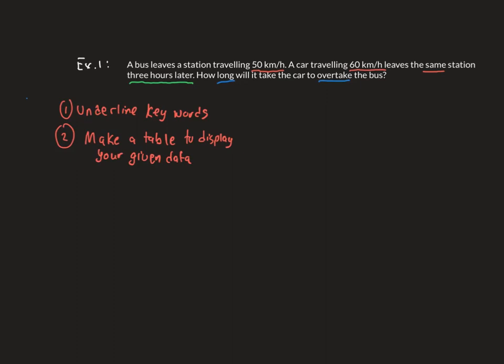Now, this table is going to be in two parts because there's two parts of this problem. And you're going to find that for all motion and mixture problems, there's always going to be two parts. So what would my two parts be? So let's draw this.